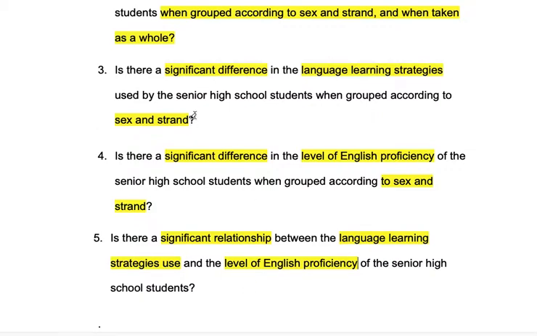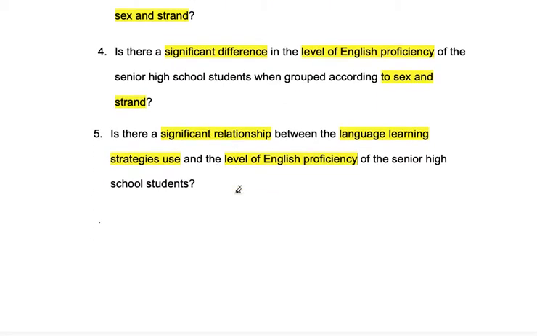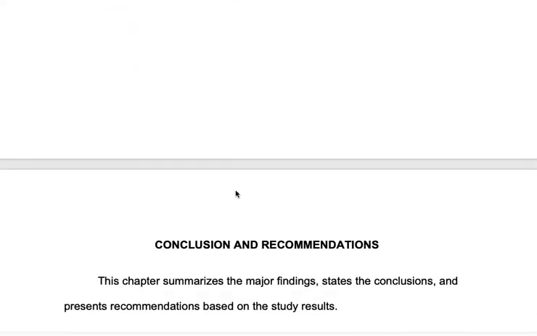So meaning, research questions number 3, 4, and 5 will be tested using statistical tools under significant differences and significant relationships. So let's move on to the conclusions and recommendation portion of this paper.